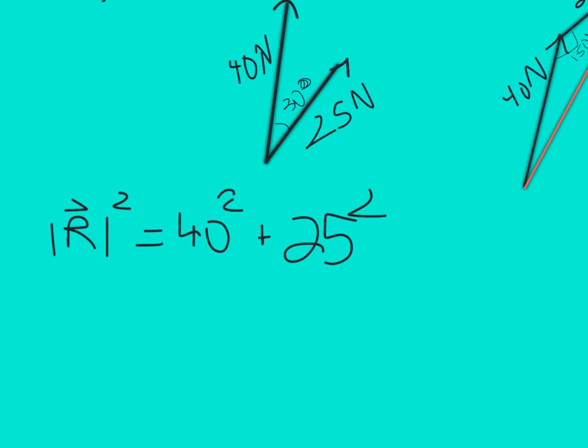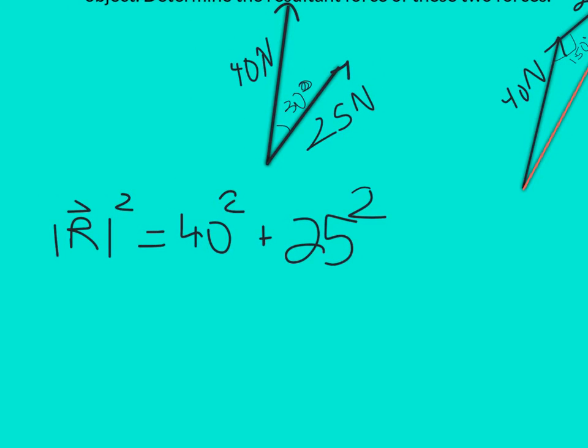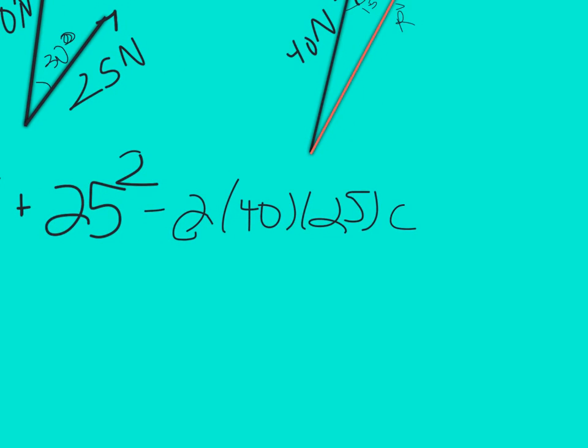Sorry, I really should zoom in so I don't have to write so big. Minus 2 times 40 times 25 times cosine of 150 degrees.